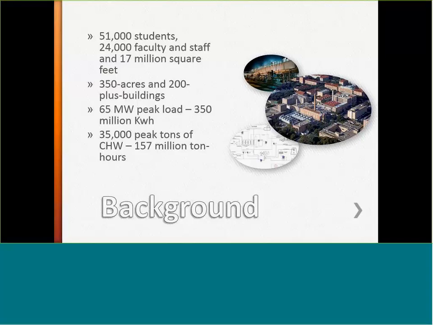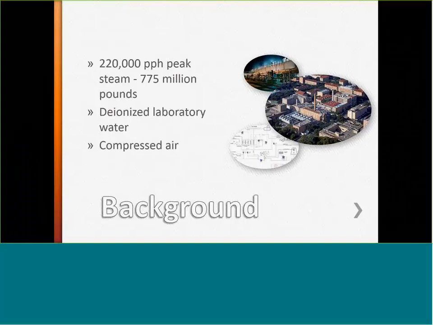We generate power with our own power generation equipment, and we peak in the summers at 69 megawatts, which equates to 350 million kWh a year. We also have stations producing chilled water for campus cooling, and we peak at around 35,000 tons of chilled water cooling.